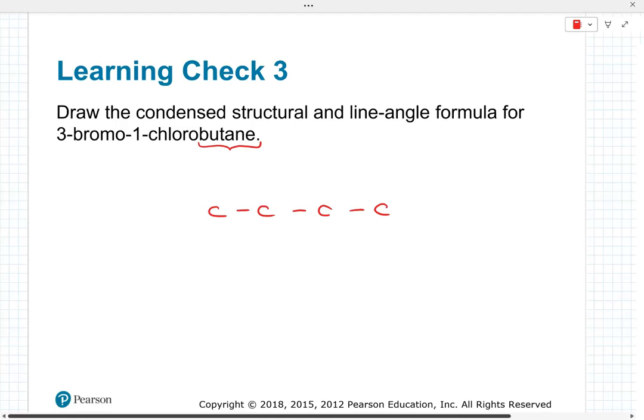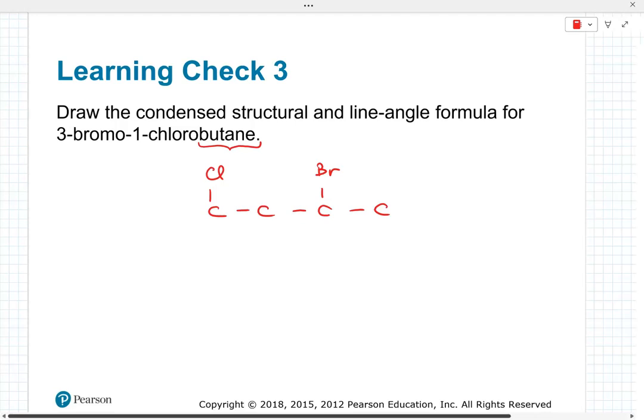Now, let's number from the left, shall we? So the first carbon is on the left. The substituent is chlorine. Okay? Then on the third one, we have bromine. Okay? So far, so good?